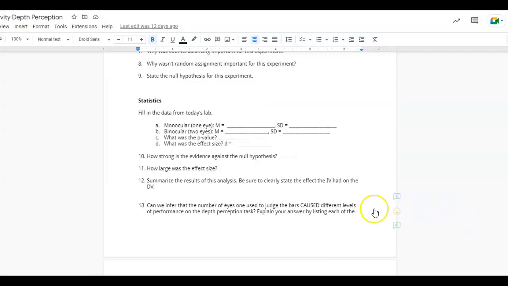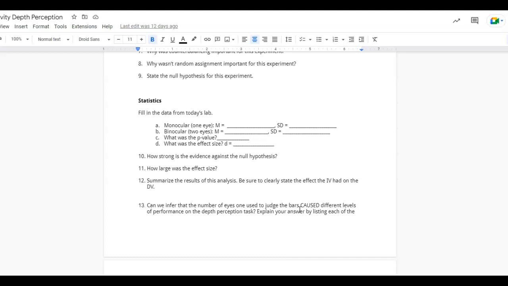Now, in terms of whether or not we can infer causality, well, we have covariation because we have a low p-value. We have temporal precedence because our independent variable, the one eye versus two eyes, came before the dependent variable, measurement of depth perception. And we also can eliminate alternative explanations because we did a within subjects design and counterbalanced our conditions.